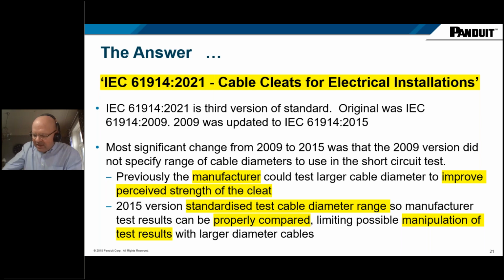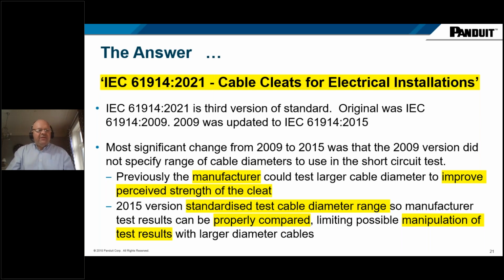Now that sounds slightly counterintuitive. One would imagine that using bigger cable would lead to bigger forces. In actual fact, what happens is the larger the cable, the further away from each other the copper core centers of the cable are. So it actually reduces the forces exerted on the cable cleats.